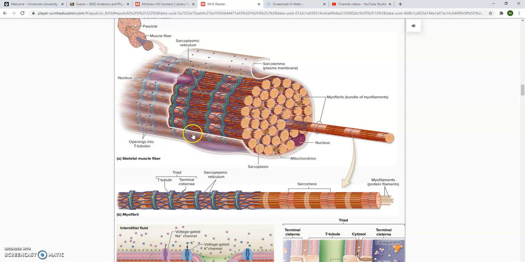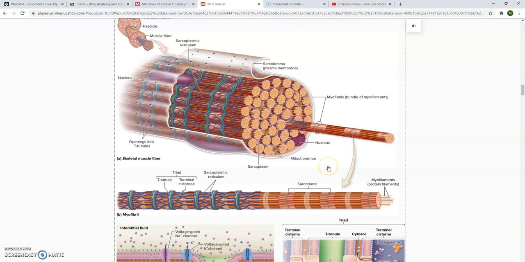Essentially, there are these little holes in the sarcolemma, so the T tubules, or transverse tubules, are extensions of the sarcolemma. And that allows the sarcolemma to actually extend into the center of the muscle cell. And so they're not only just here, but they're deep within, around these myofibrils. So they don't just stay on the outside here.